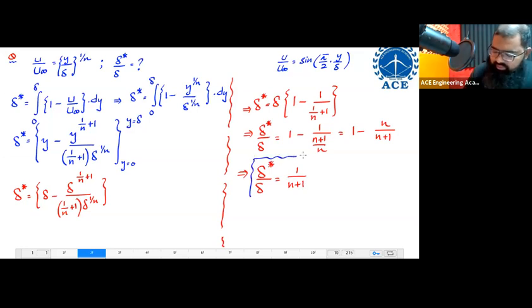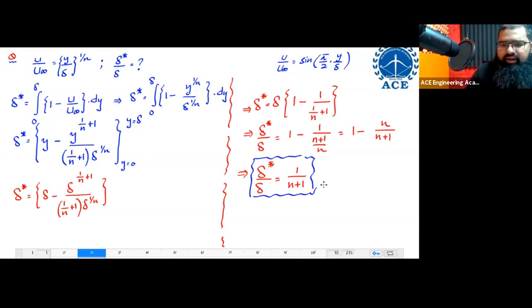This is the answer you are going to get. It is a very standard result. You are supposed to remember this result. Whenever u by u infinity is equal to (y by delta) whole power 1 by n, that time delta star upon delta is supposed to be equal to 1 upon n plus 1. That is a standard result we are having.